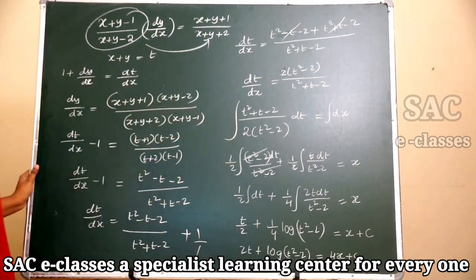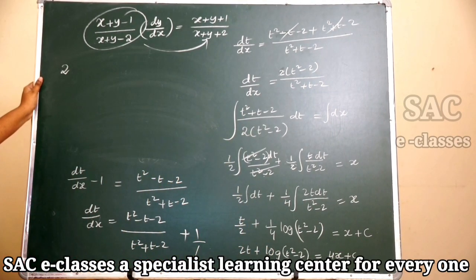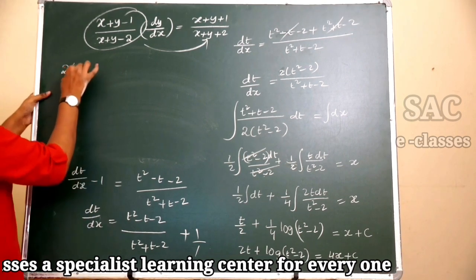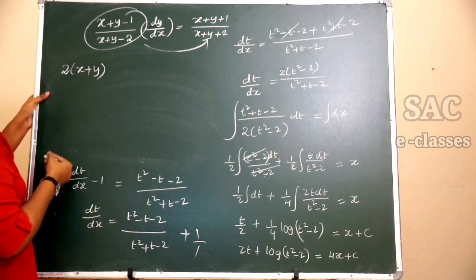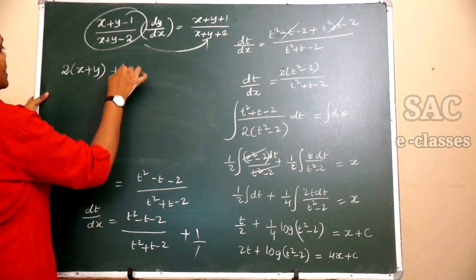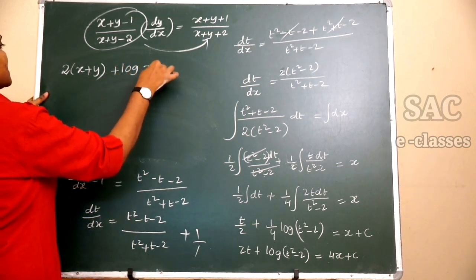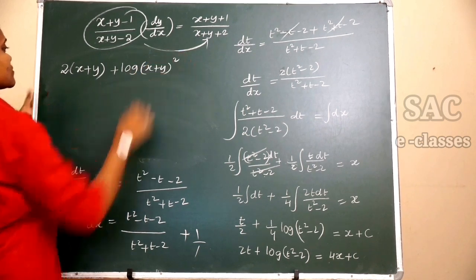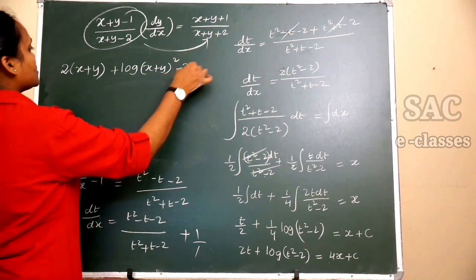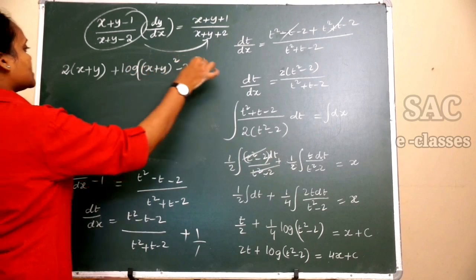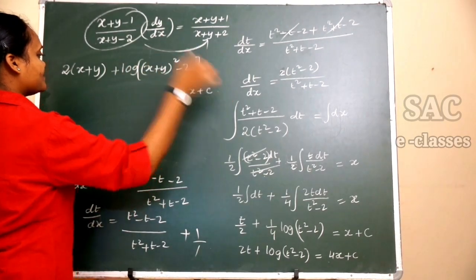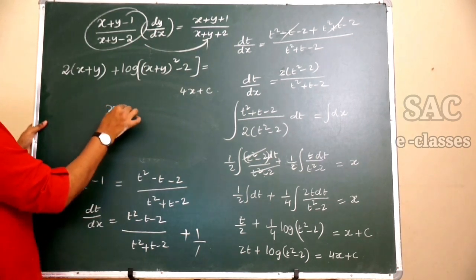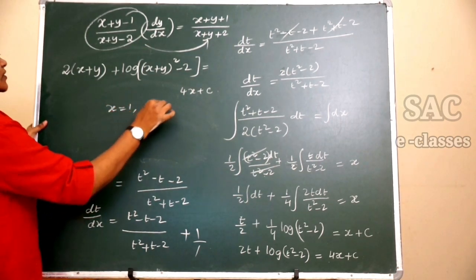Let us simplify. But you know what is meant by t? t means it is x plus y: 2 into x plus y plus log of x plus y whole square minus 2 is equal to 4x plus c. But he said that the x value is 1 and the y value is also 1.